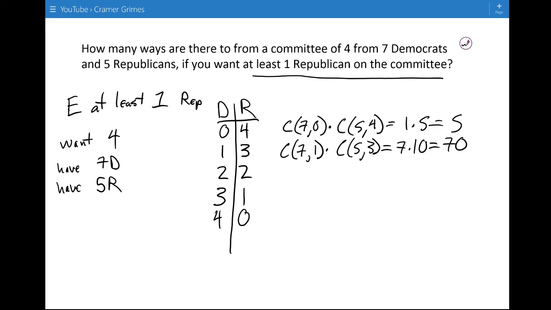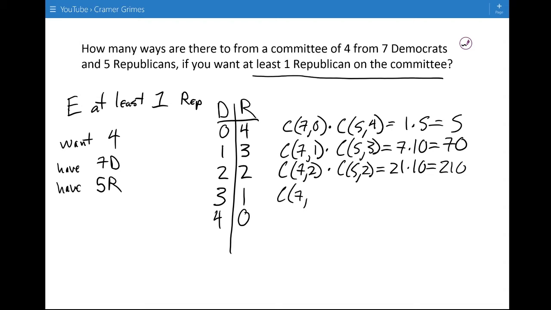That would be 70. Next line, combination of the 7 Democrats, choose 2, times combination of the 5 Republicans, choose 2. 7 choose 2 is 21. 5 choose 2 is 10. 21 times 10 is 210.